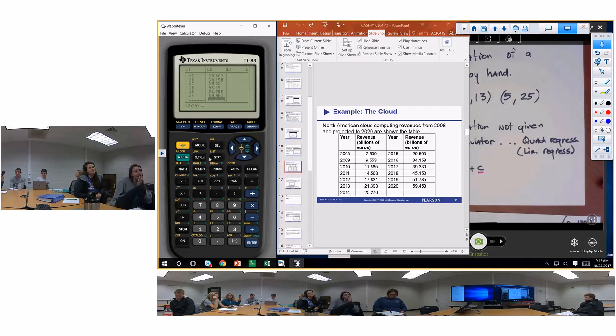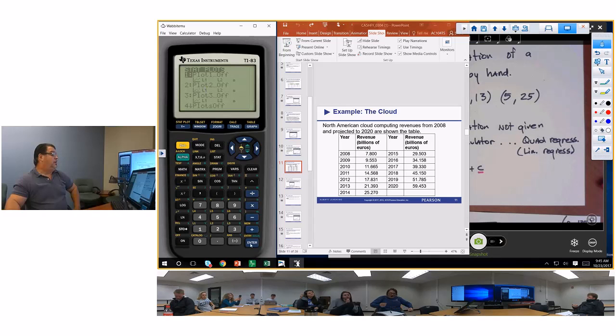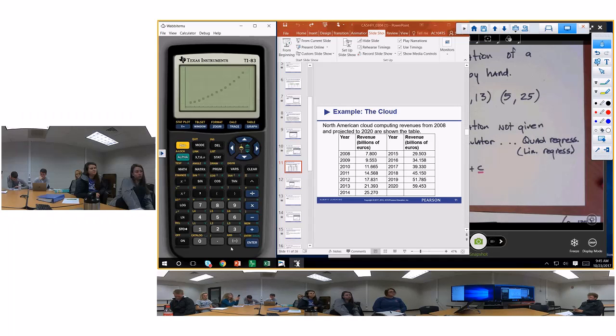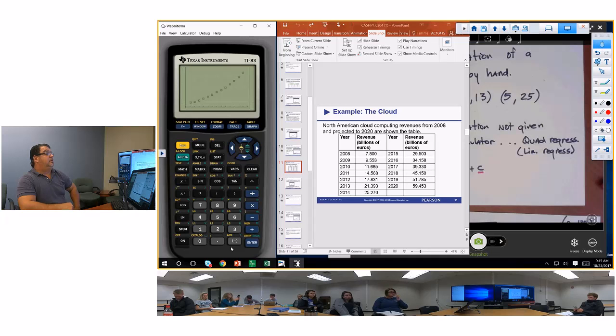All right, stat. Go to stat plot. Turn the plot on. Type in on and graph. And do zoom 9. Okay, so you would be crazy to say this is linear because it's not.